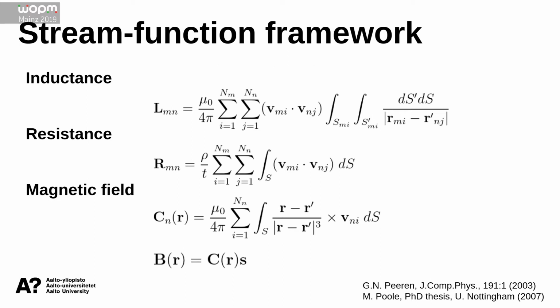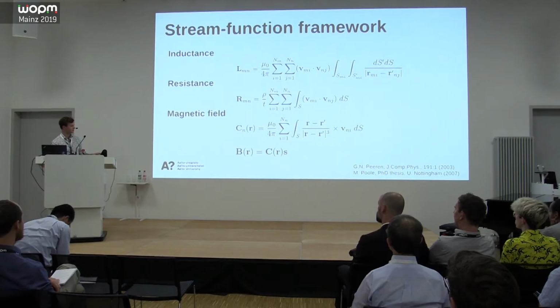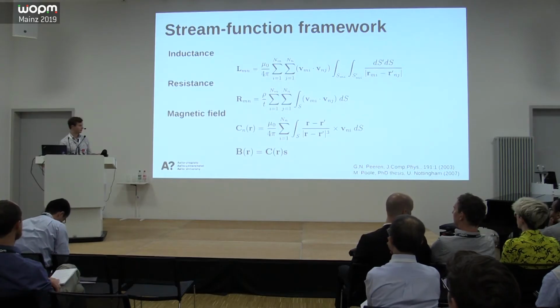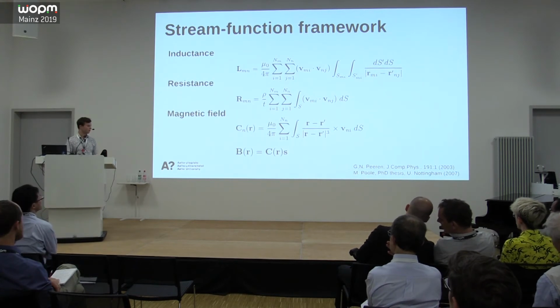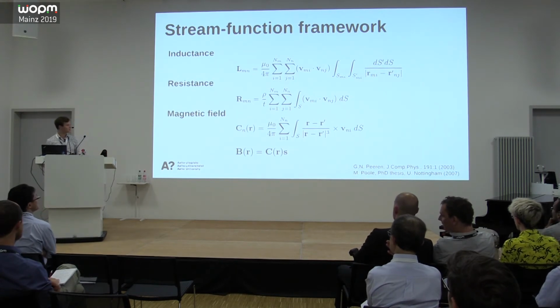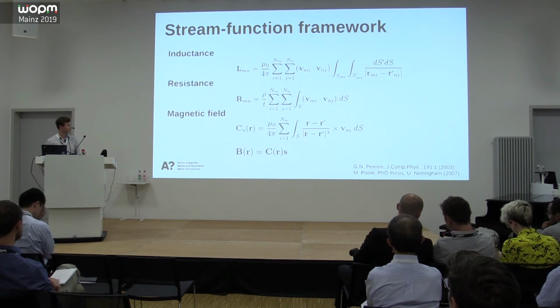And this C here is a coupling matrix, I call it, and it should look familiar. It's based on Biot-Savart. So when computing a magnetic field, we take this coupling matrix and dot product with the scalar constant of the current density.